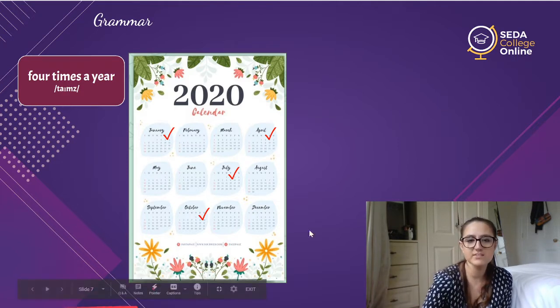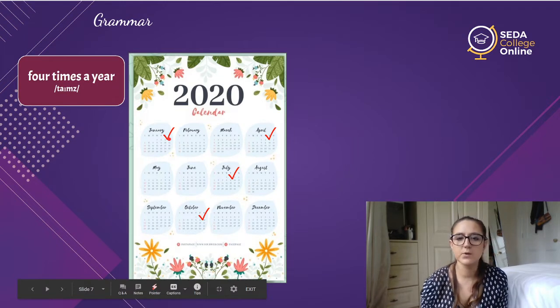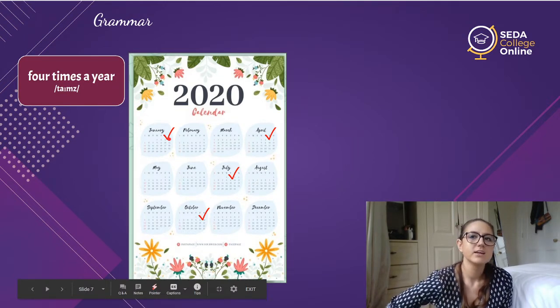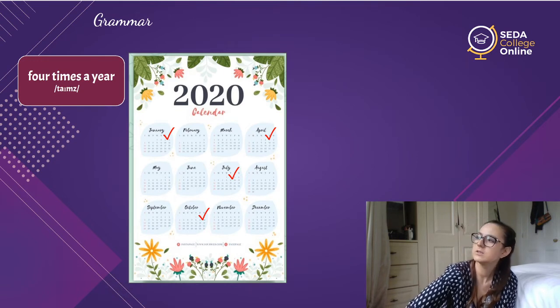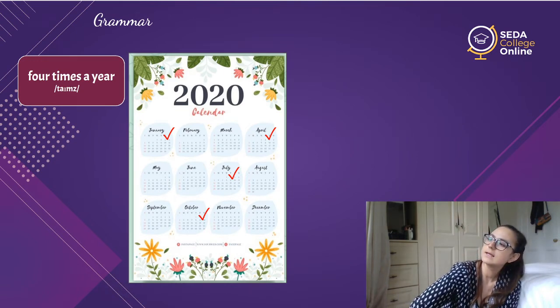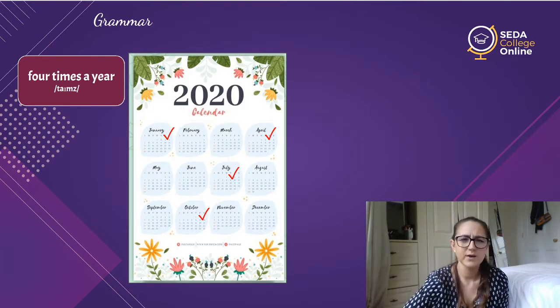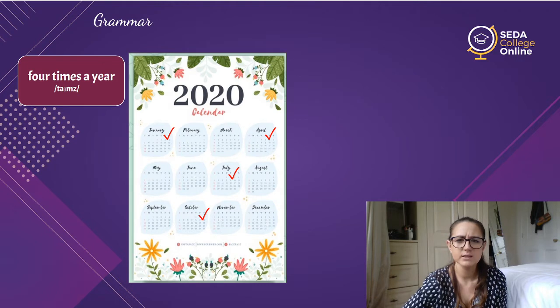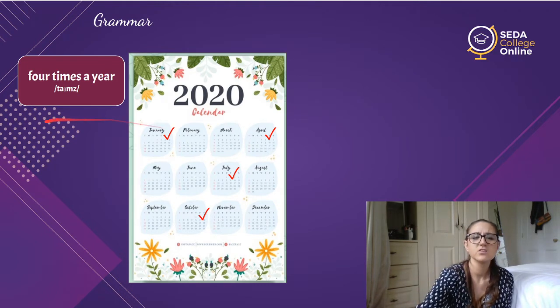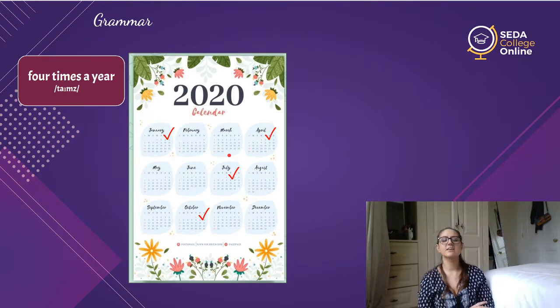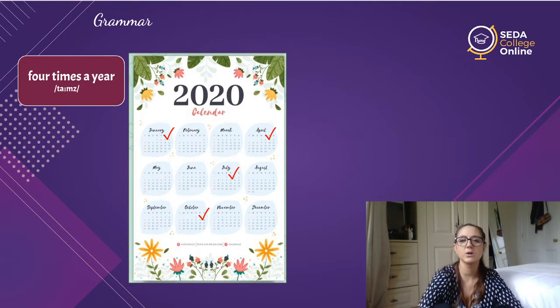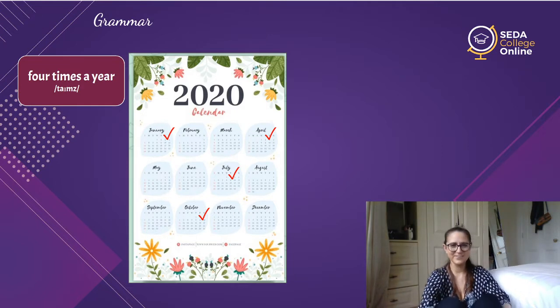So here we have 2020, and for example, what did I do? Why did I do only four times a year? I call my grandmother four times a year. That should be right. So January, check. April, check. July, check. And October, check. That's the only times of the year I call my grandmother, which is not right, I know.